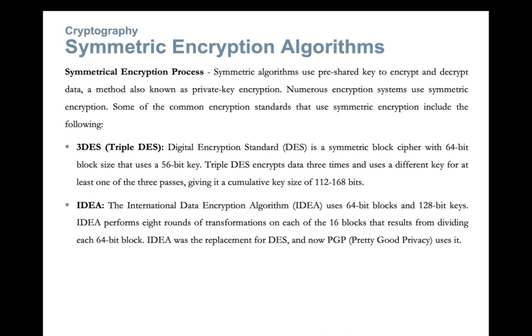IDEA was a replacement of DES and is now used in PGP, Pretty Good Privacy. PGP is a program that provides privacy and authentication for data communication, and GPG, the GNU Privacy Guard, is a licensed free version of PGP.